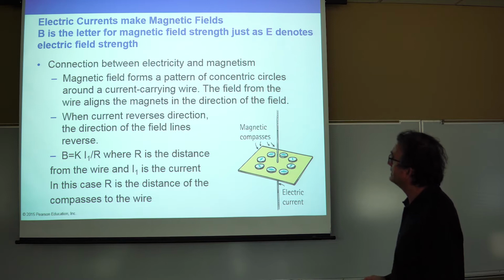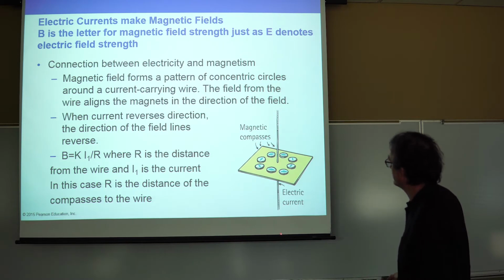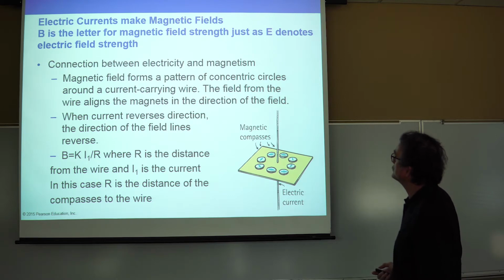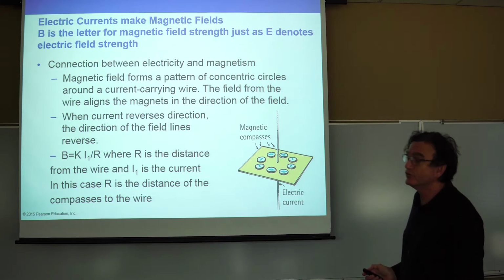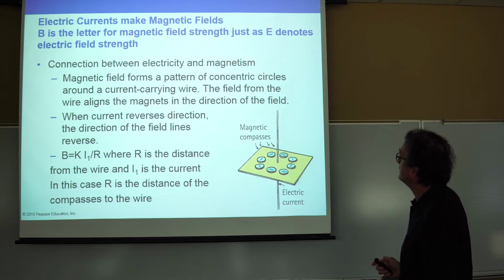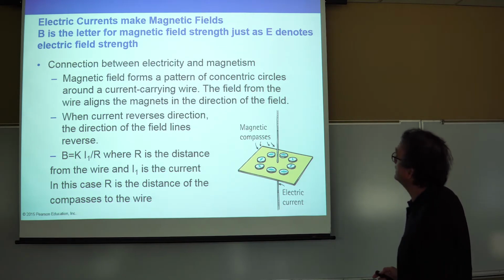If, on the other hand, I have an electric current in a straight wire, such as what you see here, it will also generate a magnetic field. We're going to use the letter B to indicate the strength of the magnetic field, just as the letter E denoted the strength of the electric field.